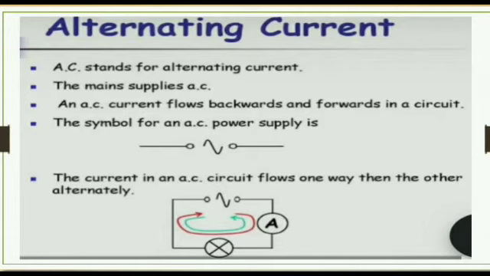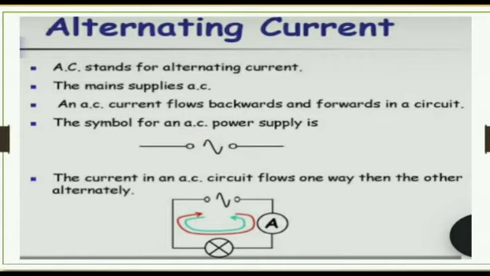Other points of alternating current. AC stands for alternating current. We know that the mains supplies AC, and AC current flows backwards and forwards in a circuit. This is the symbol of an AC power supply in a circuit.